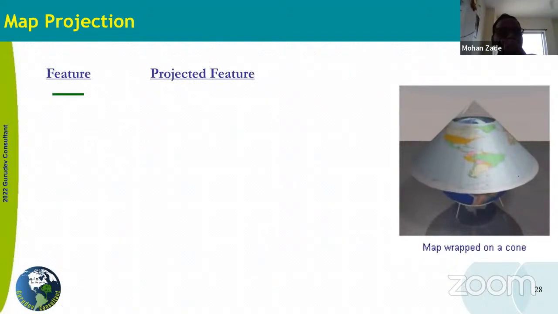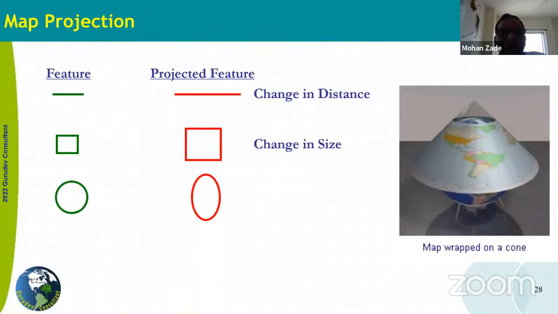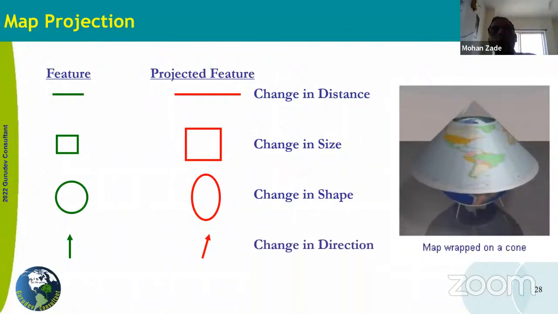Now, if you have a line here, this projected line will change in distance. A polygon will change in size, shape, and direction. So all things happen when you do the map projections. Therefore, it is always advisable to use the appropriate map projection while converting your geographical coordinates to the metric or projected system.